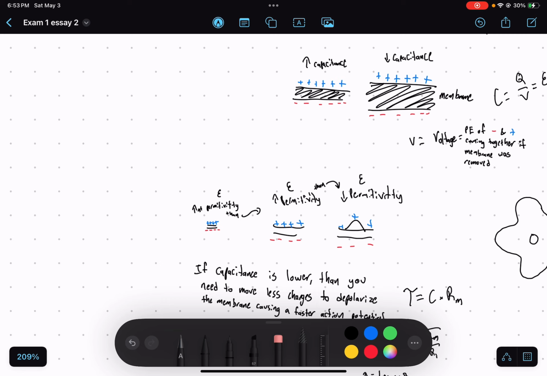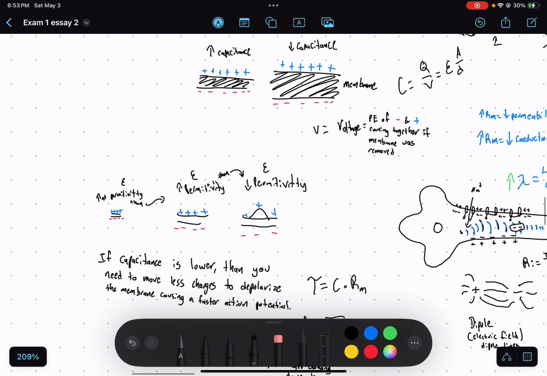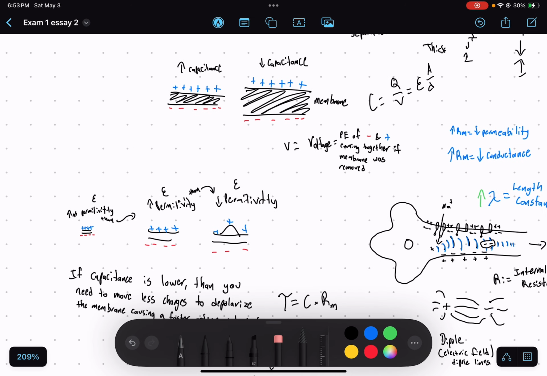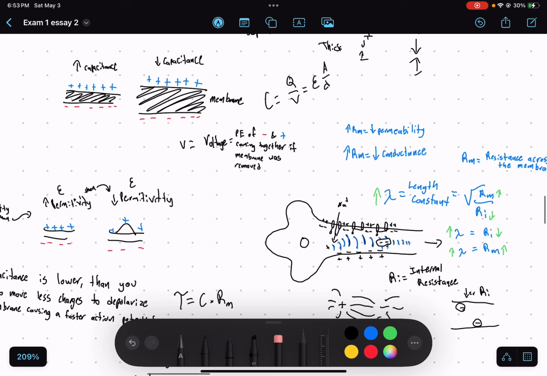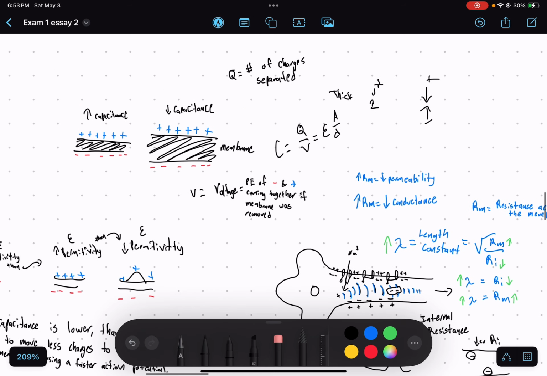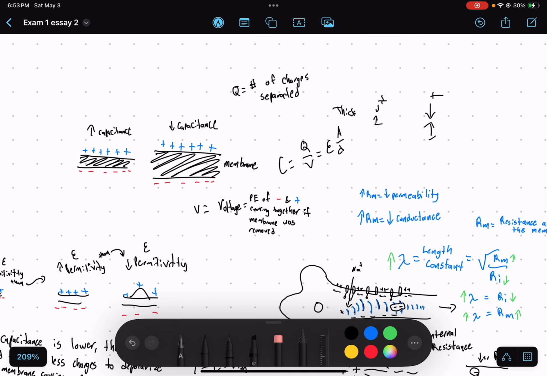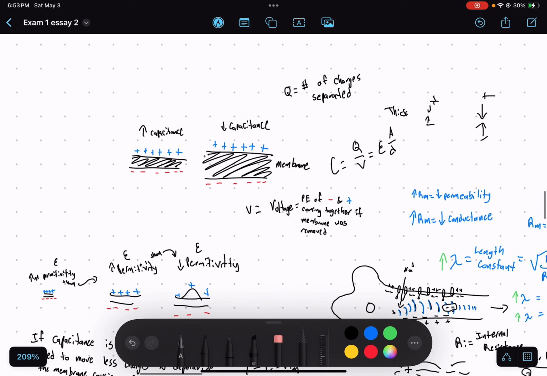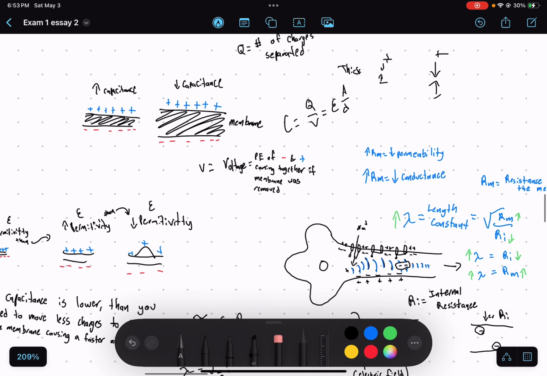It's going to slightly decrease as it gets bigger, and then if you have myelin, we'll talk more about that in a minute, it's going to decrease the most because that permittivity is very low. And then the area it can cover is the area of the membrane over the distance that they are.